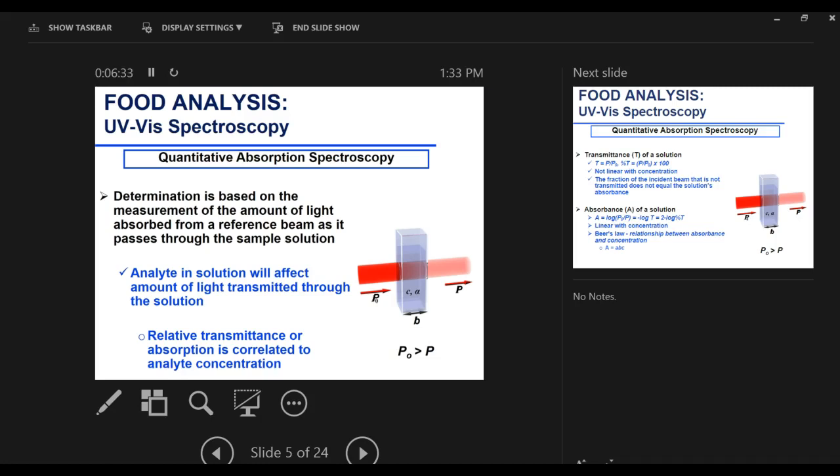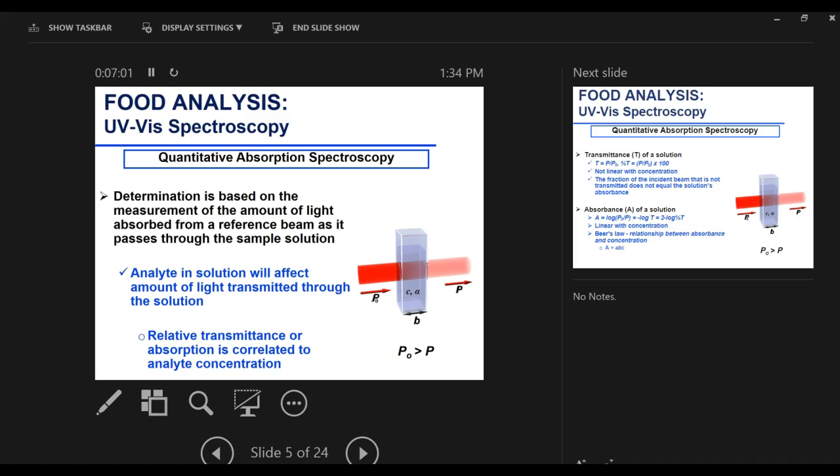The b is the distance, and then every compound will have a unique absorptivity because it has a unique spectra or absorption at different wavelengths. So it will have a unique absorptivity for that light that is passing through, and it will absorb light. The more concentration you have, the more absorption of light that will happen, and the rest of the light is going to pass through.